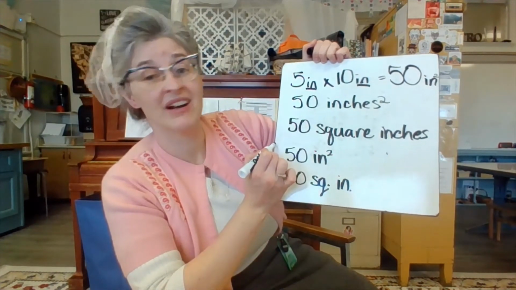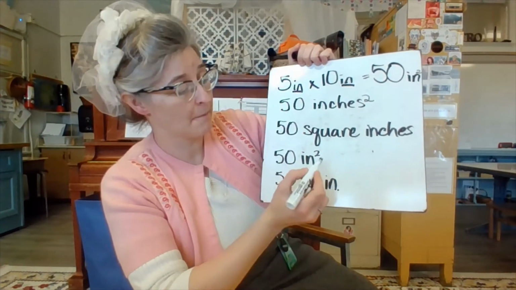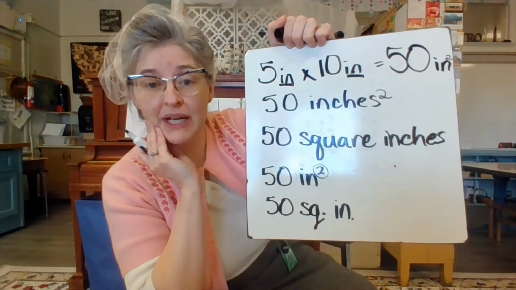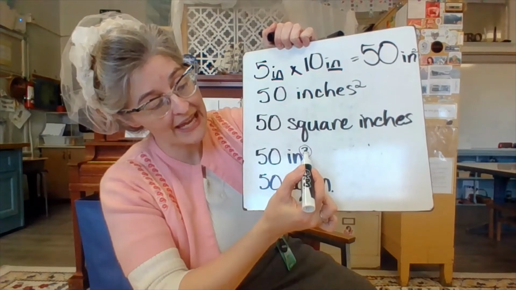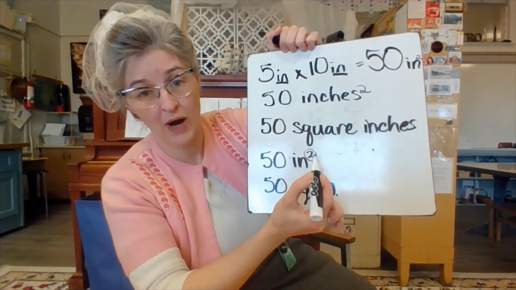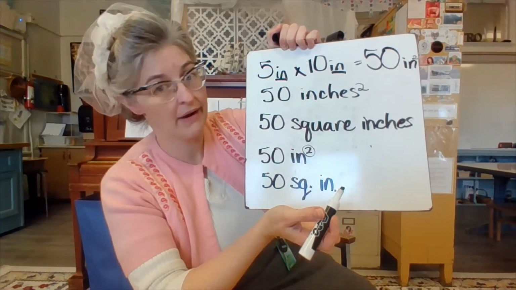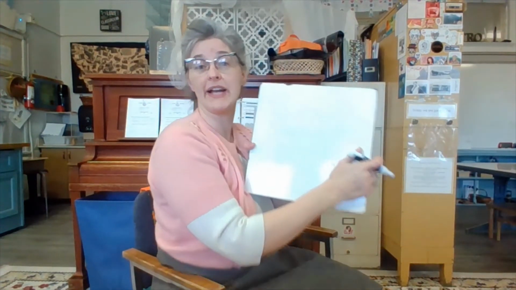If I put it over here, not going to mean the same thing. The only place my little exponent can go is right here in the upper right-hand corner of my label. Nowhere else.